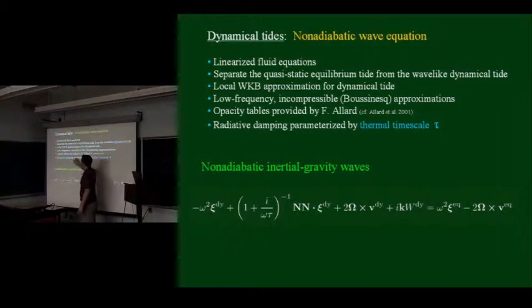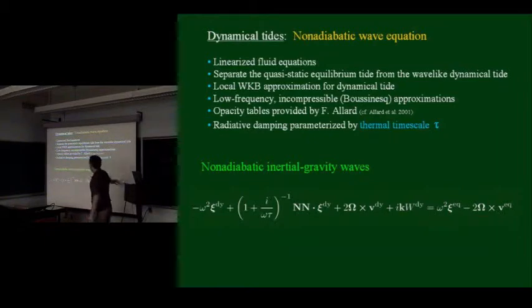And I want to talk about how the radiative damping is parameterized, because this is the major question: how strong is the radiative damping as these waves propagate? That's parameterized by the thermal time scale, which is the characteristic time for temperature fluctuations to dissipate by radiative processes.